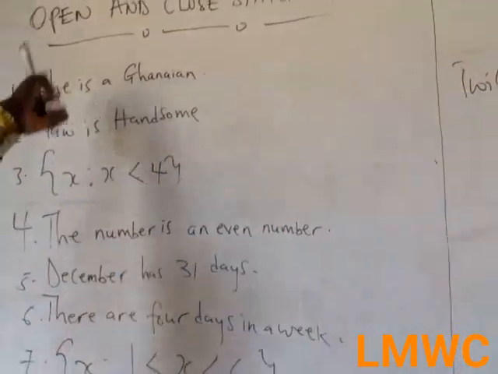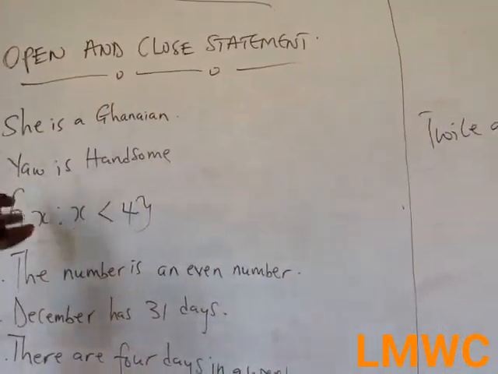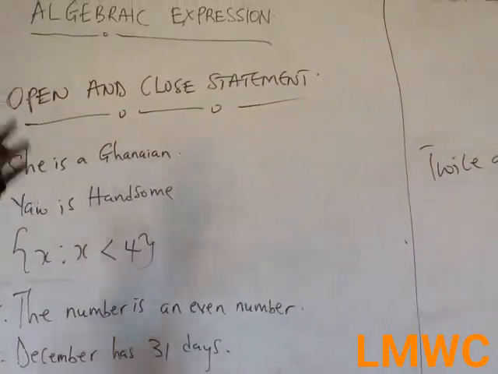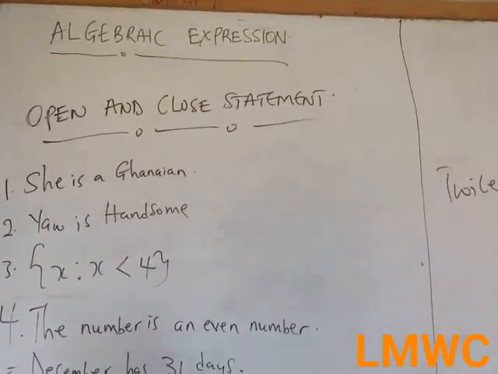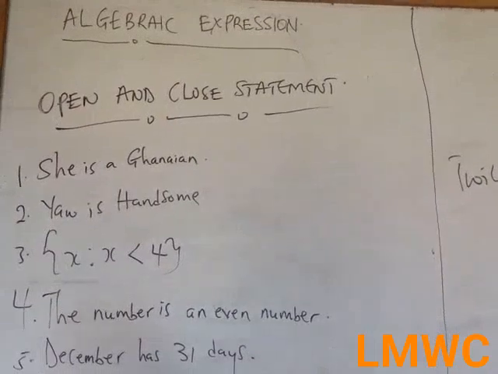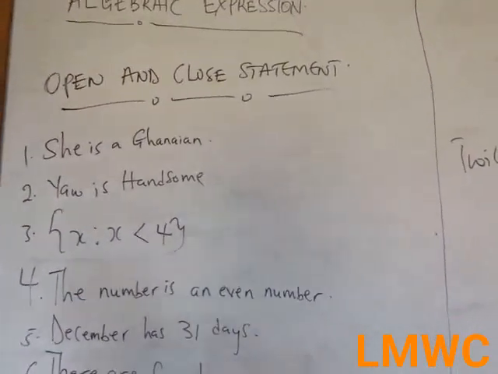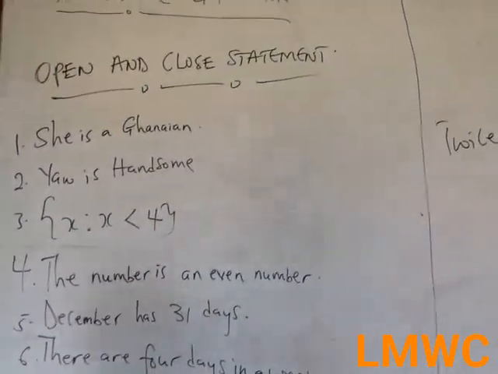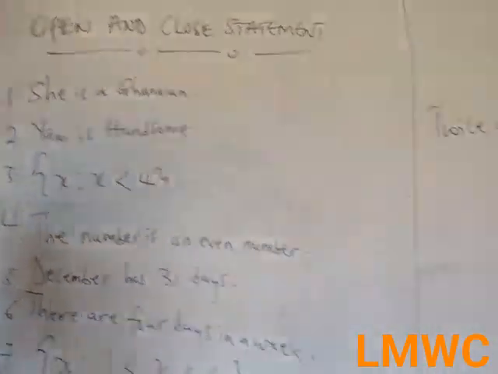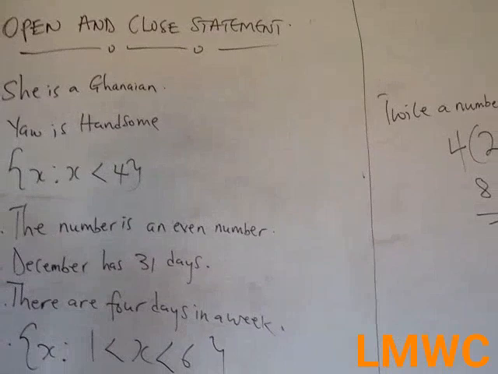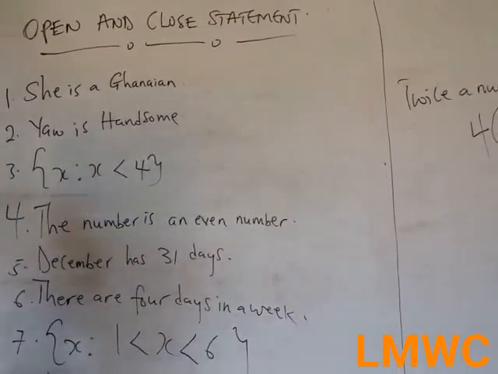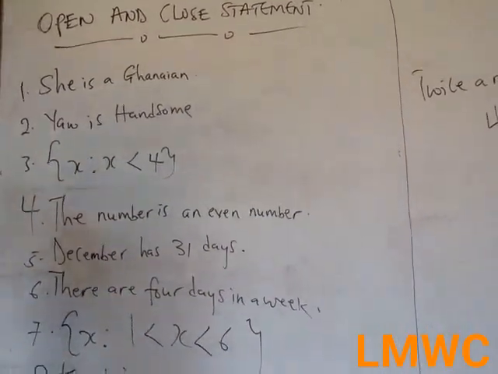So I can ask you to identify open and closed statements, and we know a closed statement gives a true value, but an open statement is neither true nor false. Now, 1. She is a Ghanaian. So we have many Ghanaians. Who is a Ghanaian? Akwesi can be a Ghanaian.